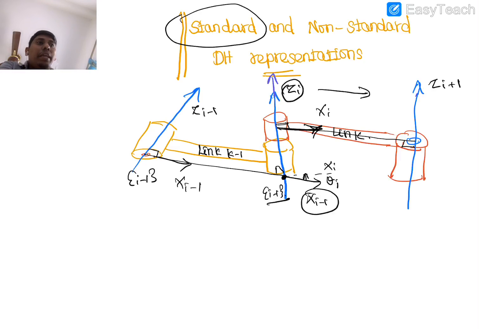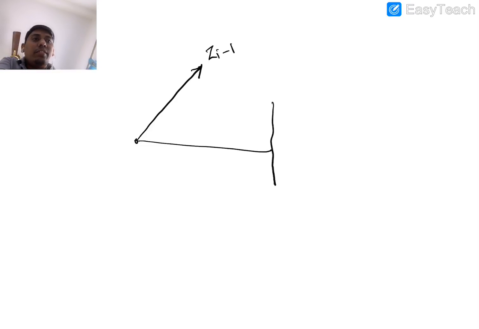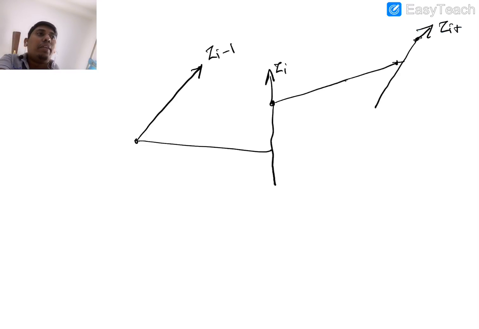I'll make it a little more clear. This is z i minus 1, this is z i, and I assume that this is z i plus 1.